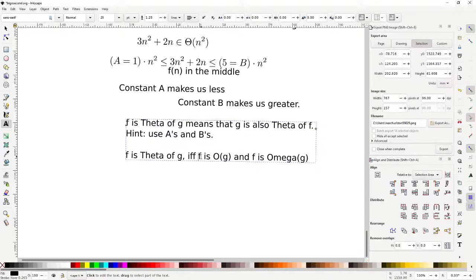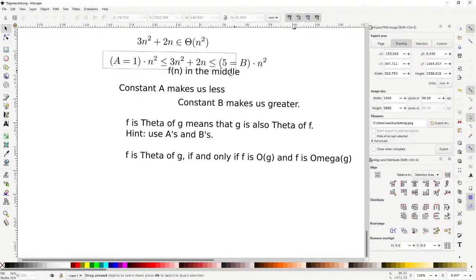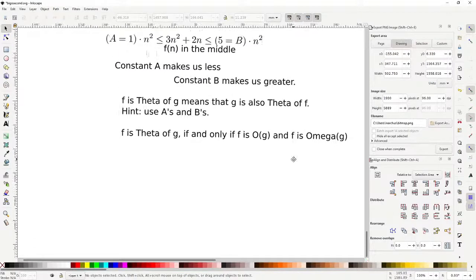If and only if, which means that if f is theta of g, then f is O of g and f is omega of g. That's pretty easy to prove, because if f is theta of g, then we have the omega formula here, right? This is already the omega formula right here with a constant a, and we already have the constant b formula with the upper bound, right? So that's how you would prove it.